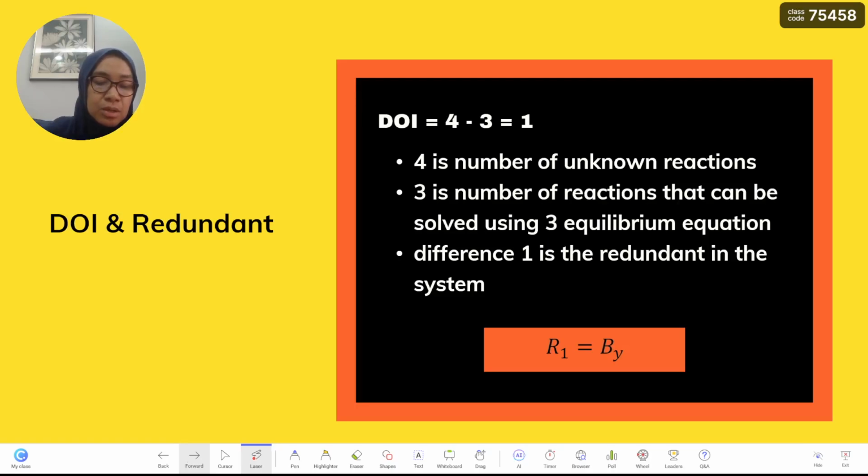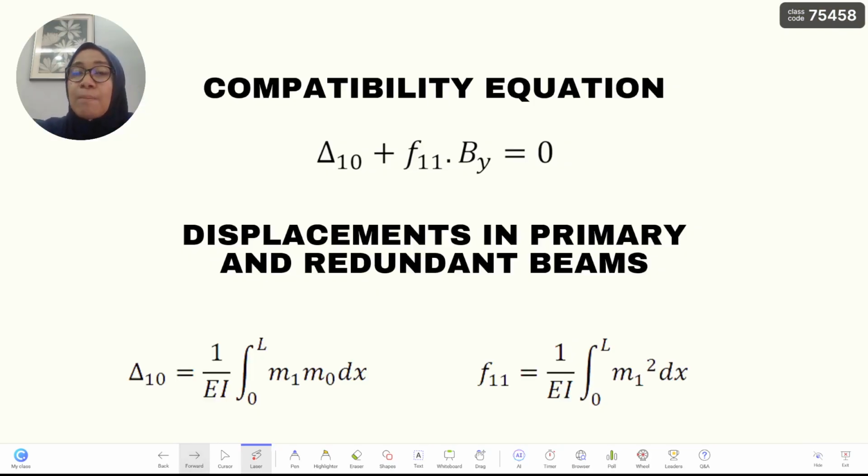The compatibility equation, as I explained in my previous video, is based on displacement at the redundant position. The compatibility equation is delta 1 naught plus F11 times By equals 0.